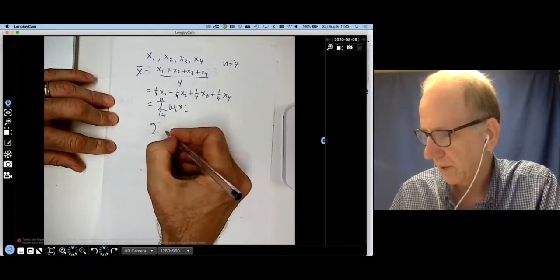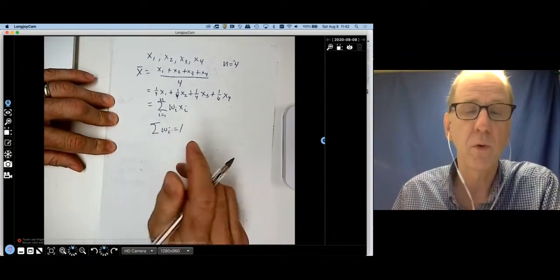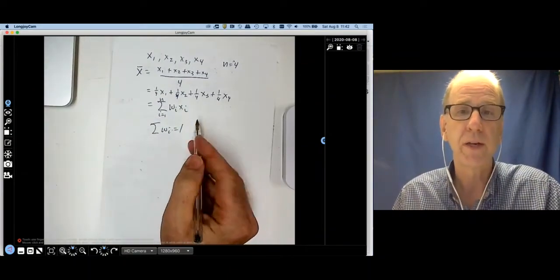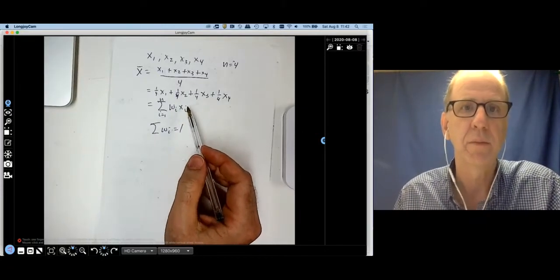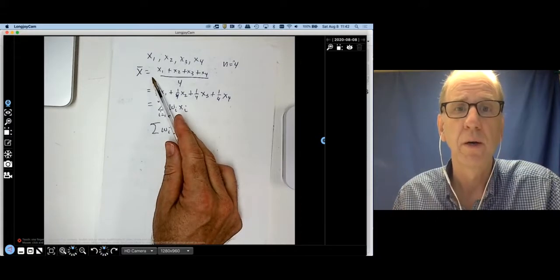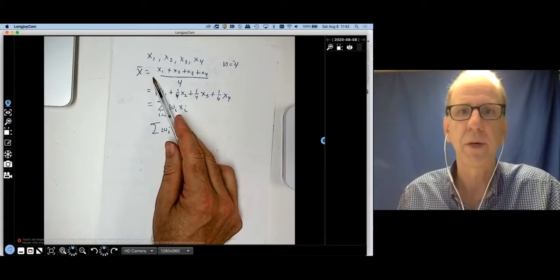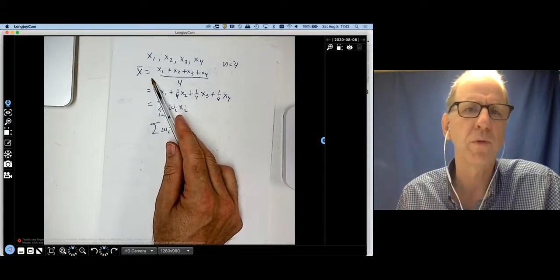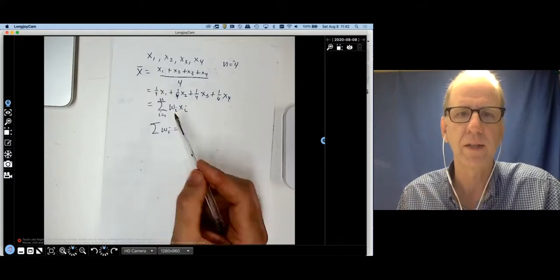So the sum of the wi's has to equal 1. And the reason for that is it's going to give us an unbiased estimate of the true mean. So x bar is going to be an unbiased estimator of the true mean, which we would have called mu back in the basic stats class.